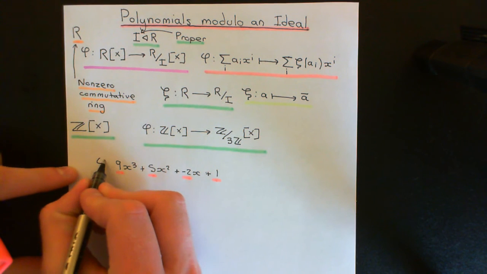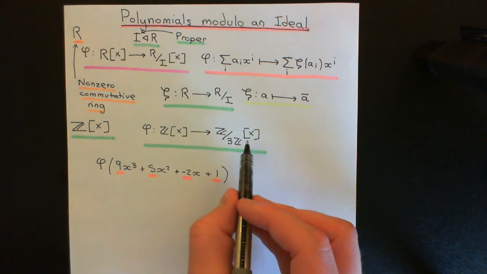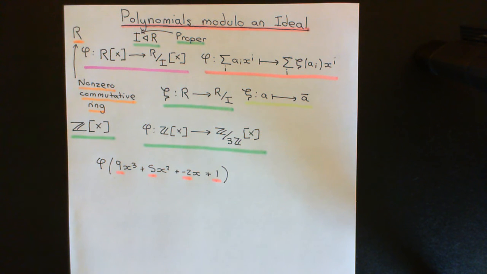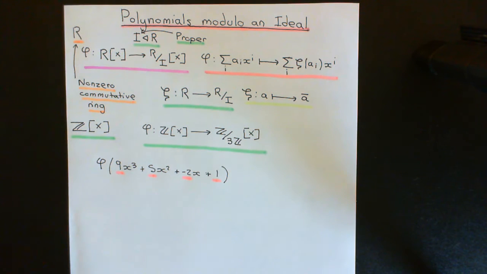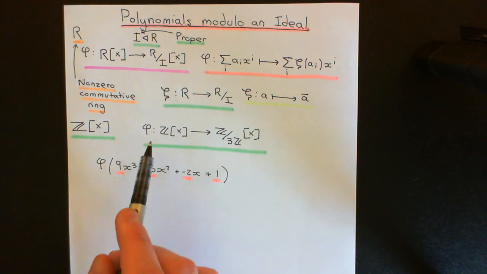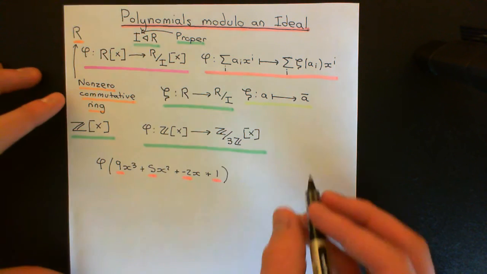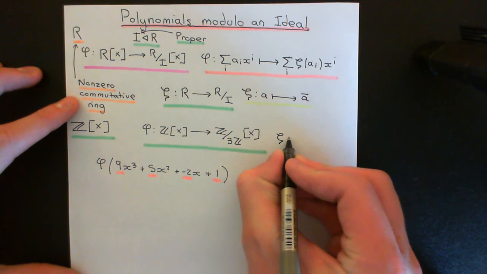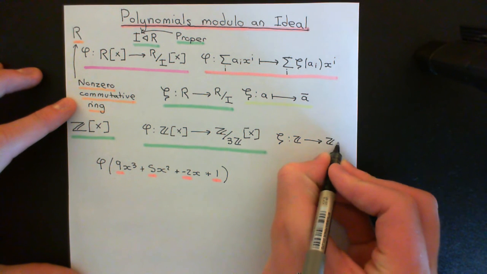Now let's ask, where will this polynomial be sent by our function phi? It's now going to be sent into this ring of polynomials where the coefficients are in Z mod 3Z. So we just need to apply this rule here and send all of these coefficients onto what they would be mapped onto from this mapping zeta, which in this case, and I'll just write this out, would be going from the integers to Z mod 3Z.